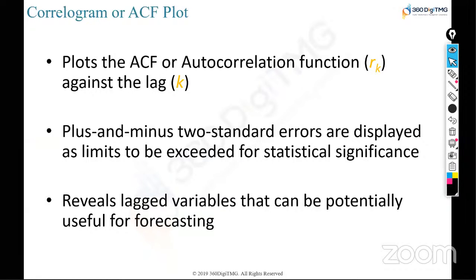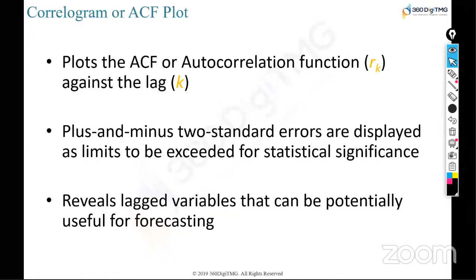All right, the autocorrelation function plot, which will plot the correlation coefficient for the kth lag. And whenever we plot any data, we all know about the confidence interval. You remember the confidence interval, right?